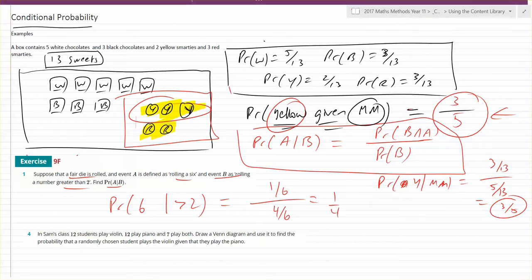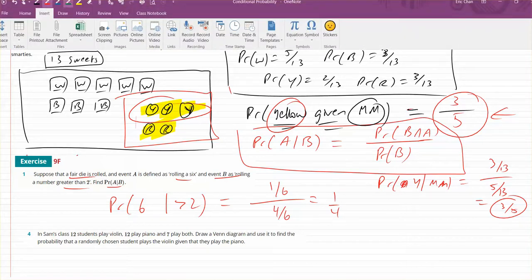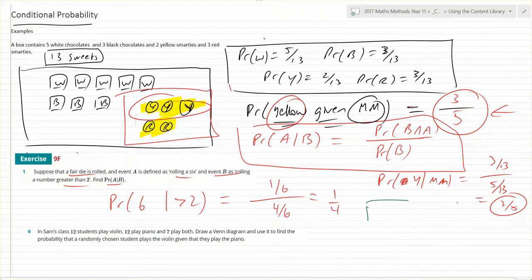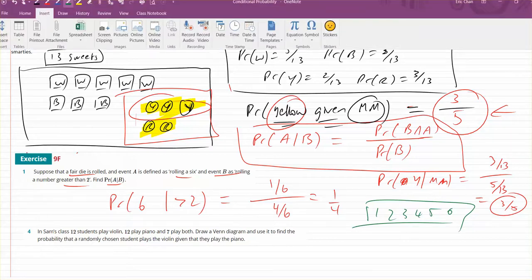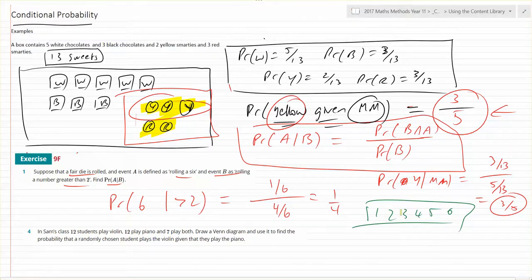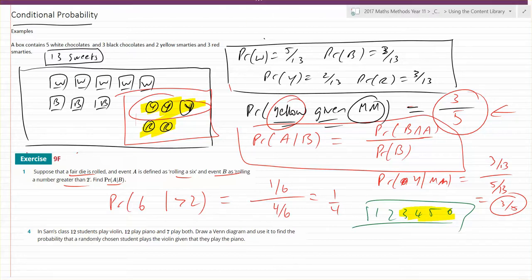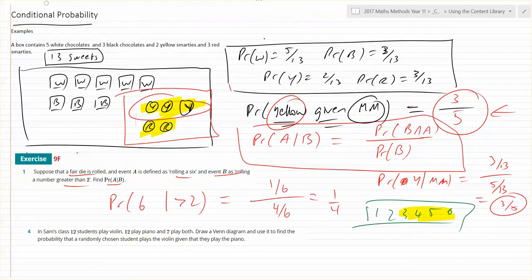Another way to view this is to draw it visually. If I have the numbers 1, 2, 3, 4, 5, 6, given that we know it's greater than 2, that's my new sample space. What's the probability of getting a 6? The intersection would be here.